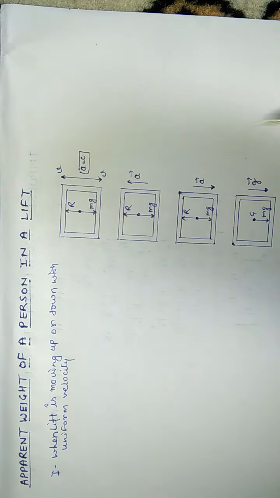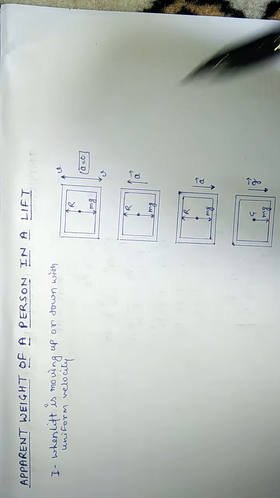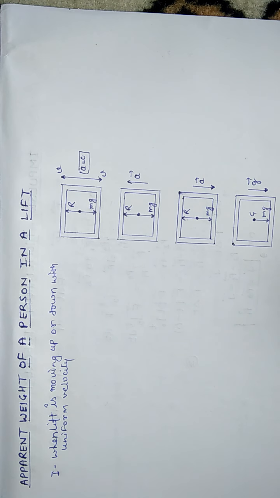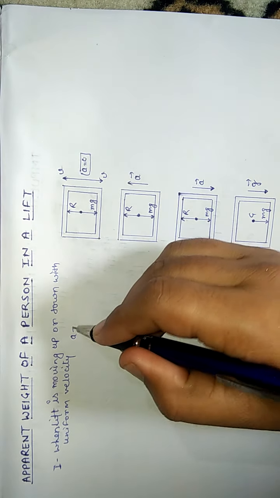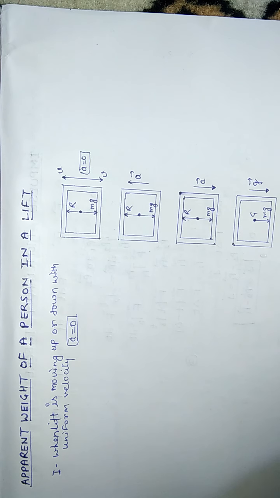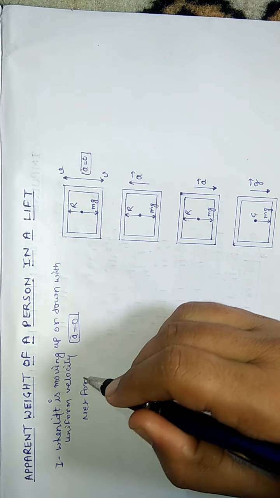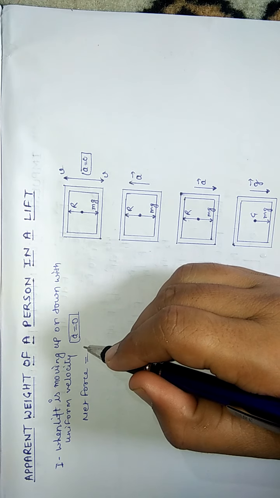Because the lift is moving with uniform velocity in upward or in downward direction, the acceleration on the man will be 0. In this case, a is equal to 0. So the net force on the man will also be 0.